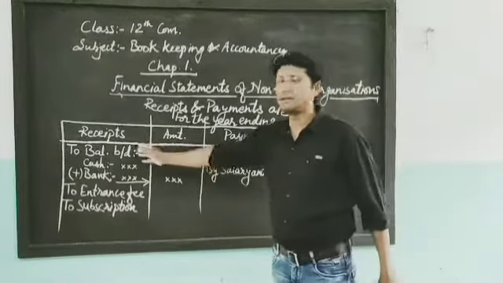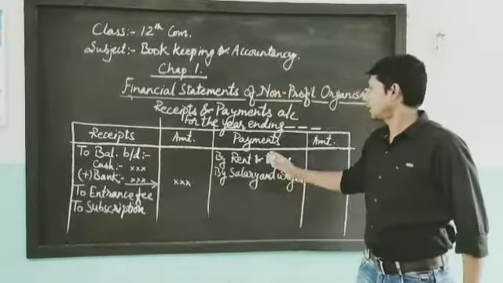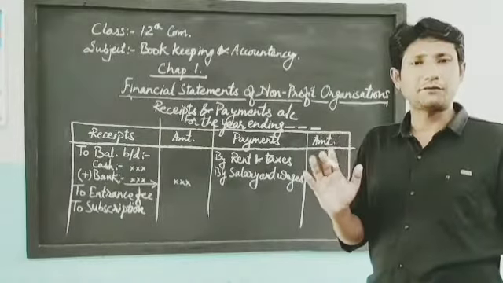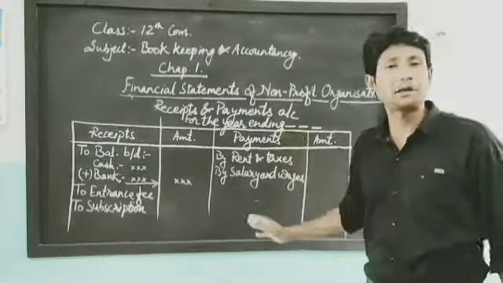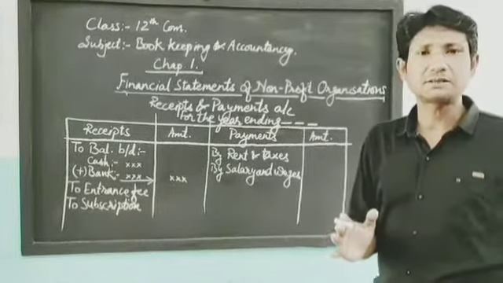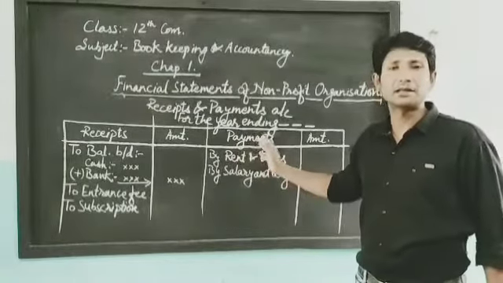On the left hand side, receipts are recorded, and one thing you have to remember while preparing receipts and payments account is that all types of receipts and payments are recorded in this account.